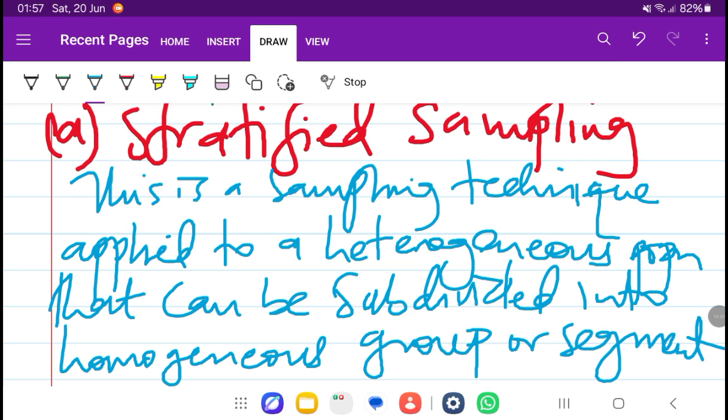And these segments are the ones that we call the stratas.